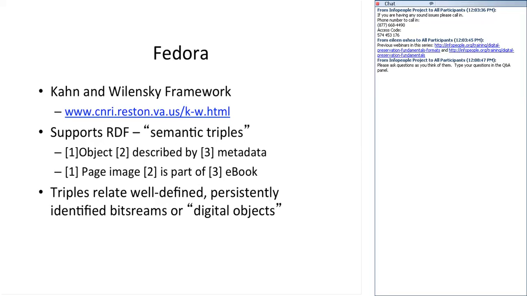So it's an object that has a relationship to another object. These triples in Fedora are used to create well-defined, persistently identified bit streams or digital objects. And Fedora is a very well thought out, very well built system for making sure that those objects are always maintained and keep their integrity.